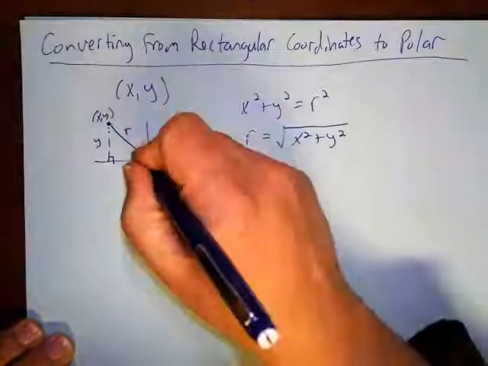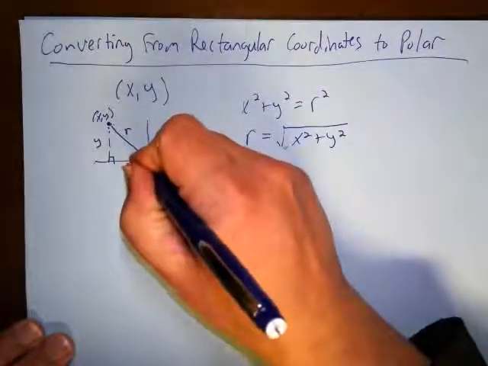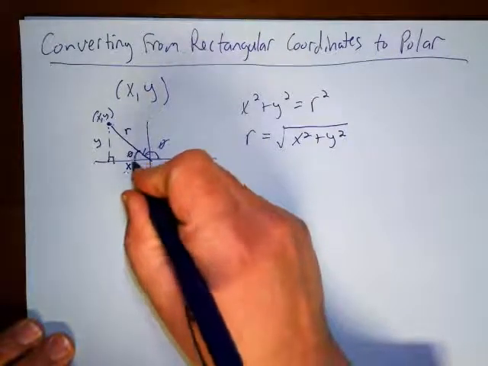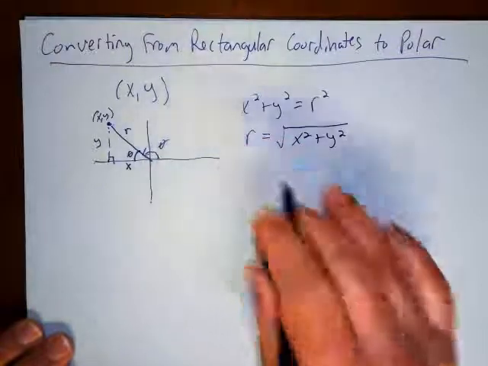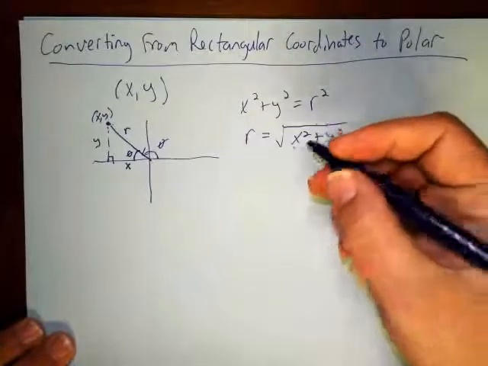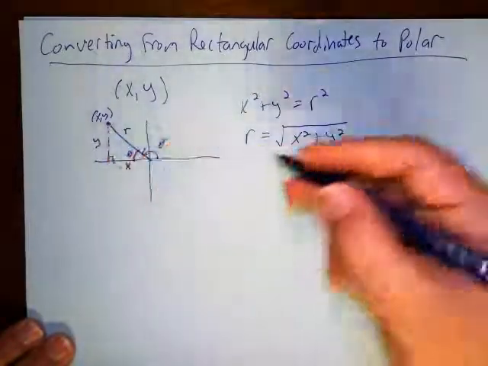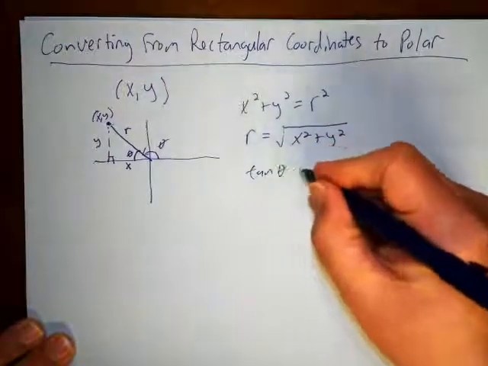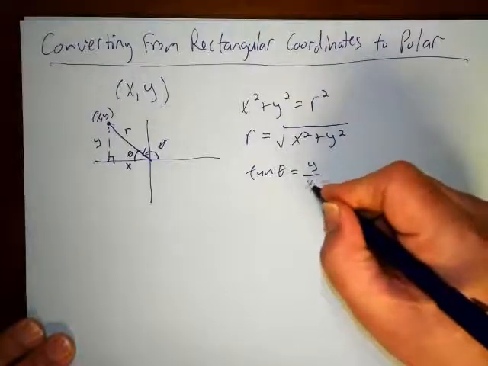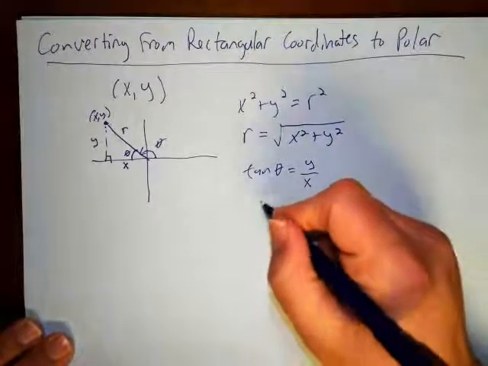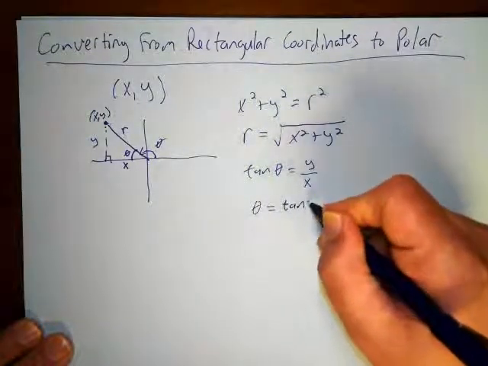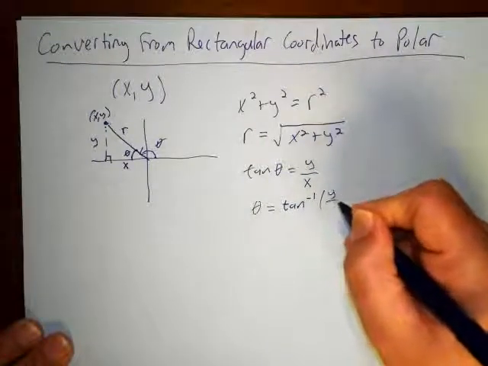And now this angle here is what you're going to find. This won't necessarily be the angle that you want because you see we want this angle. But once we know what this angle of the triangle is, then we can easily find that angle, right? And so basically we have the opposite over adjacent. So the tangent of theta is equal to y over x. And so our theta is the tangent inverse of y over x.